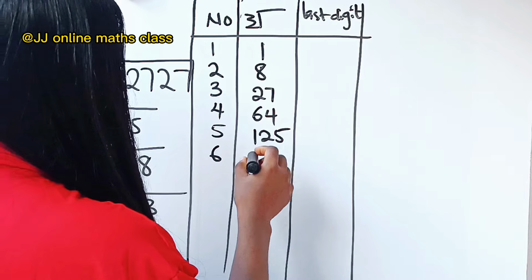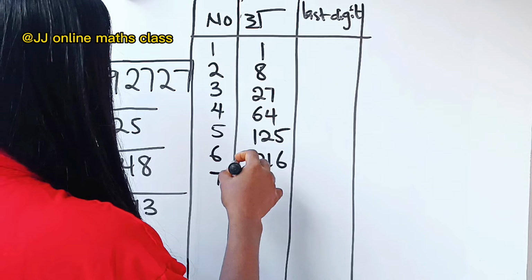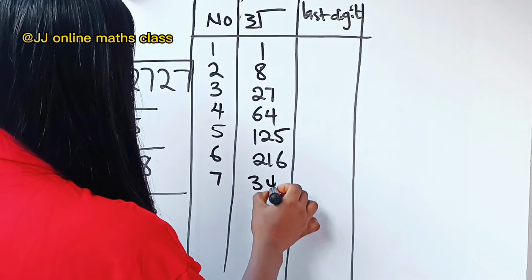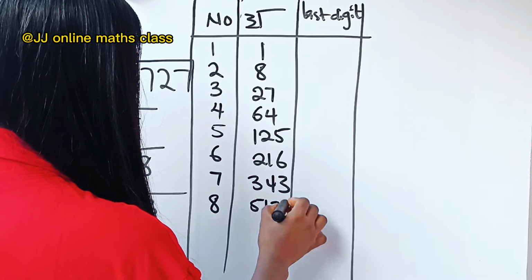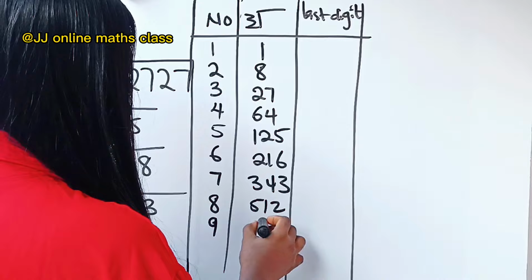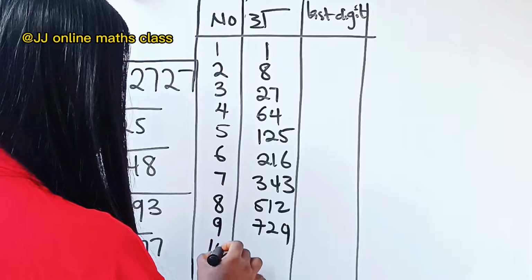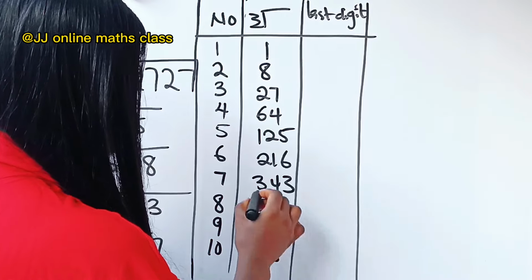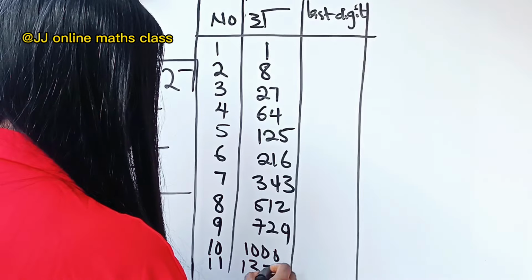The cube of 6 is 216. The cube of 7 is 343. The cube of 8 is 512. The cube of 9 is 729. The cube of 10 is 1000, and the cube of 11 is 1331.